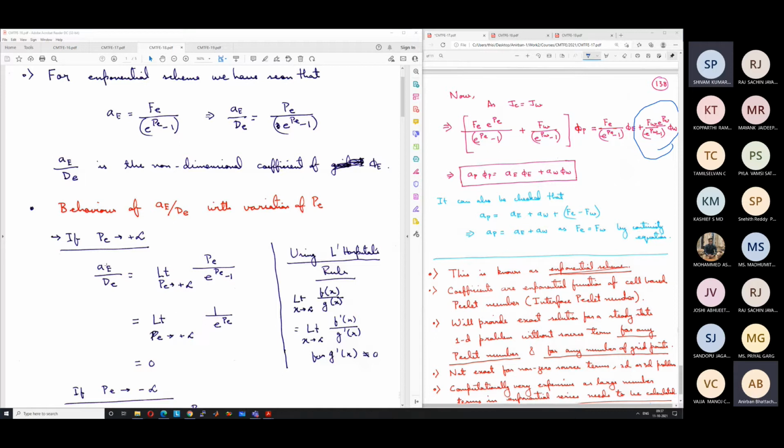So A by D tends to 0 for a very large positive value of Peclet number.